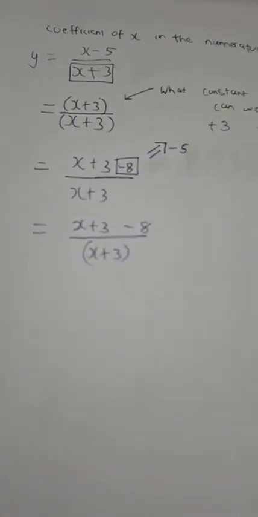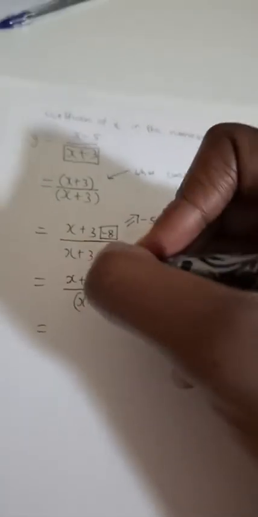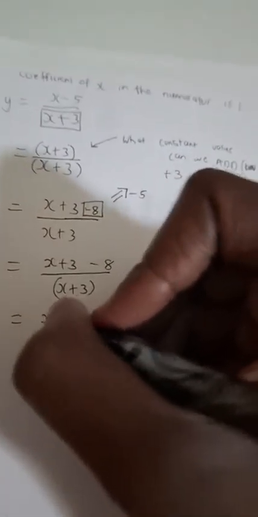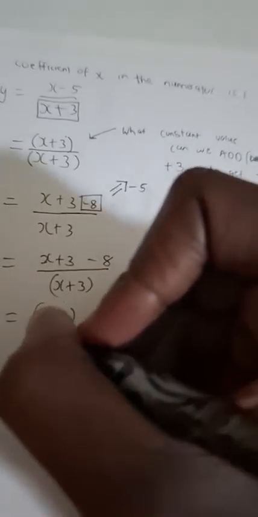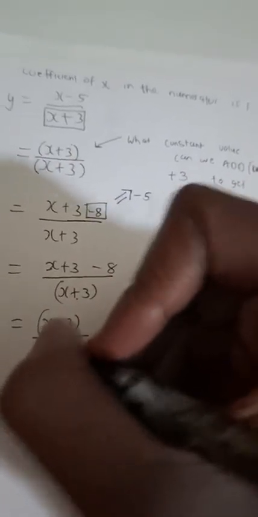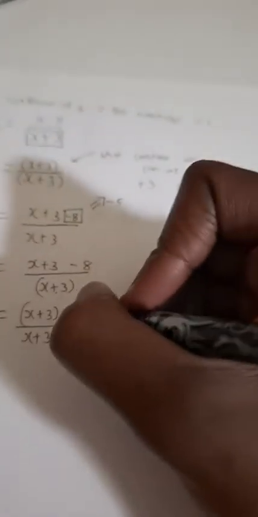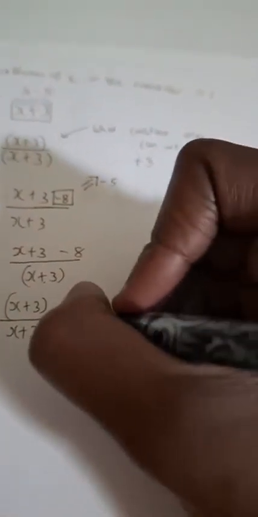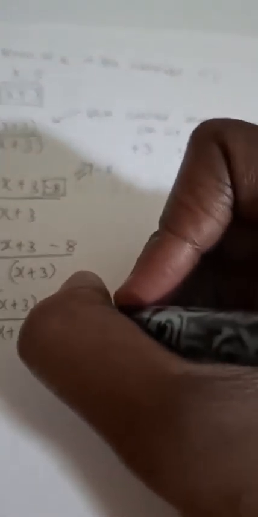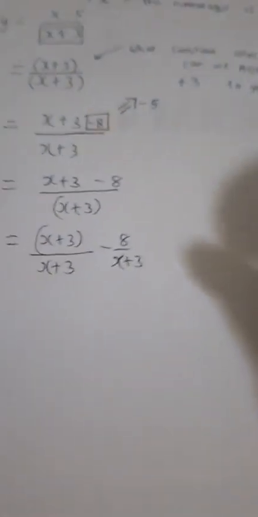Please take note, guys, of what's happening here. Now, I can separate x plus 3 and write it over this x plus 3 like that. Then the negative 8, I can also write over x plus 3. Now you are going to be asking how.